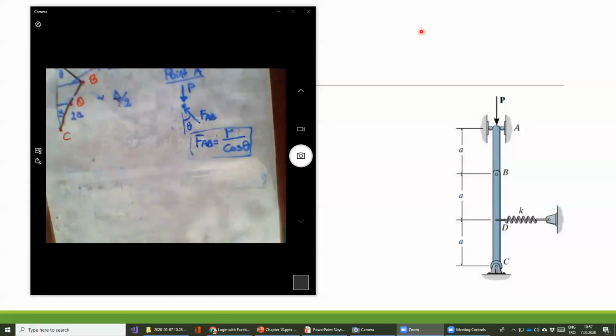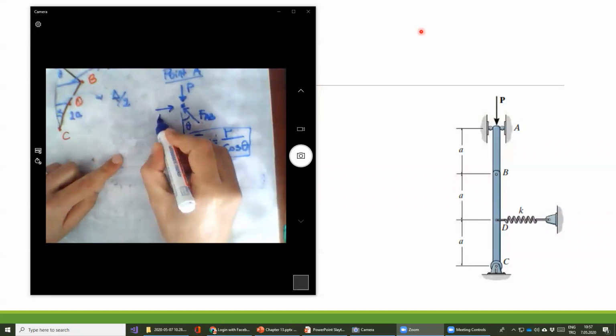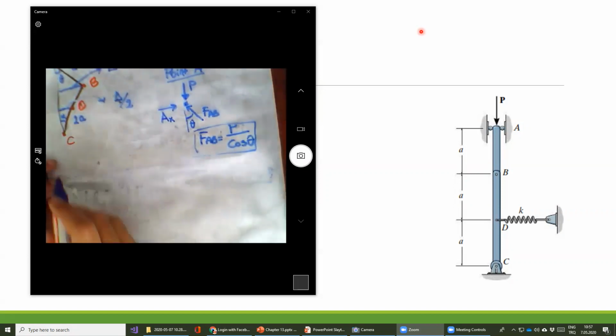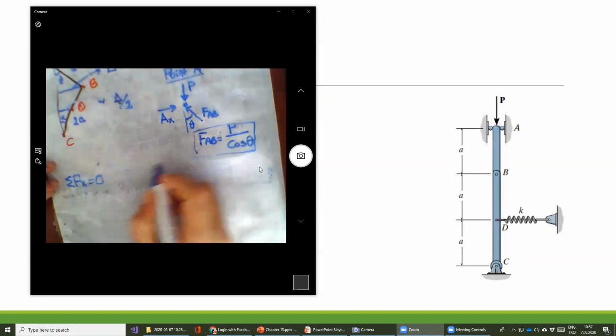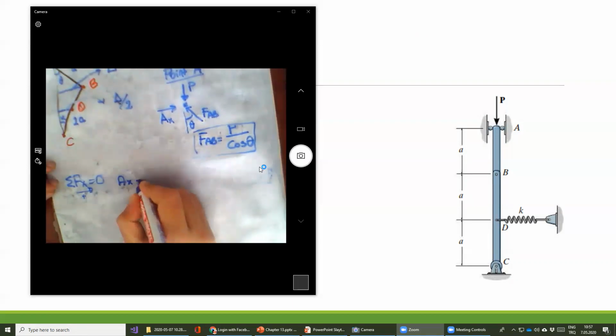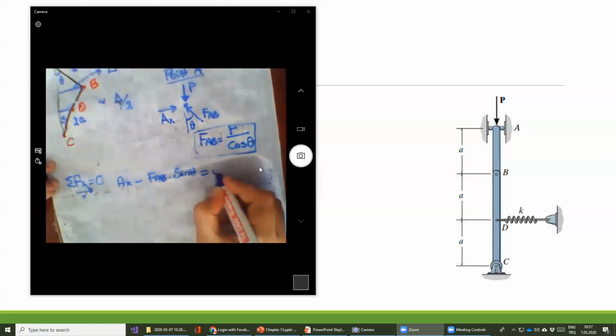At point A, I also want one more force, the support reaction force. I want to introduce AX, and find this force. In order to find it, I can use sigma Fx is equal to 0. Taking left to right as positive, AX minus FAB times sine theta is equal to 0.